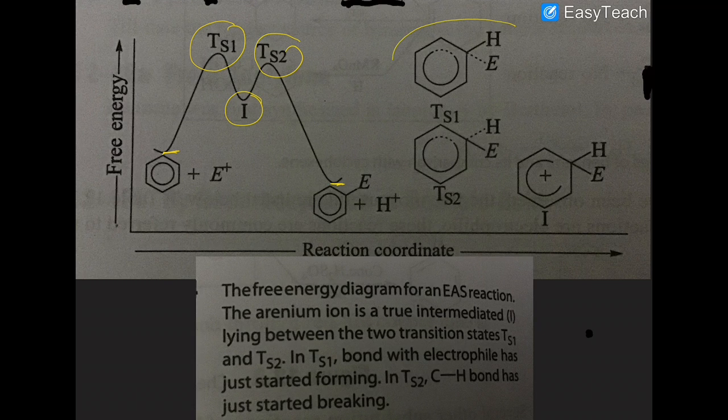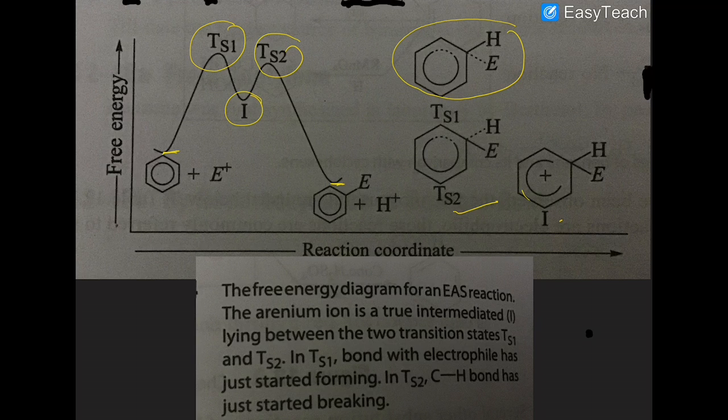Look at that, the attacking electrophile is just beginning to form the bond. What is transition state 2? The hydrogen is just leaving the system. And what is the intermediate here? The intermediate is the sigma complex.